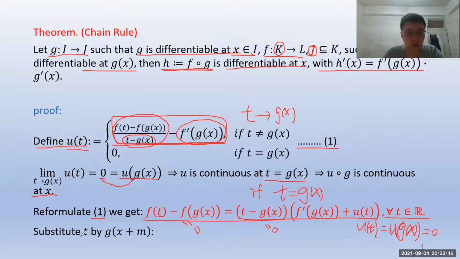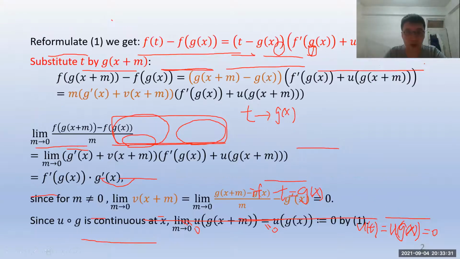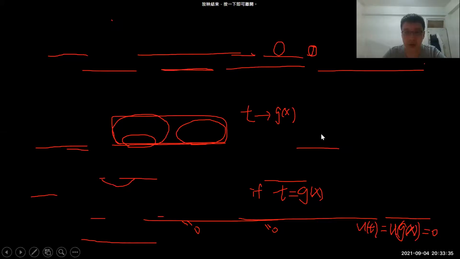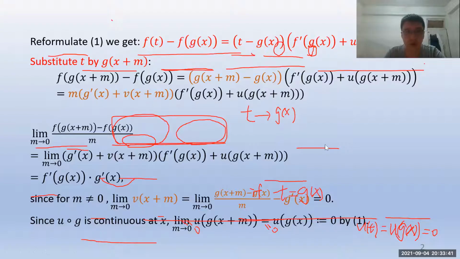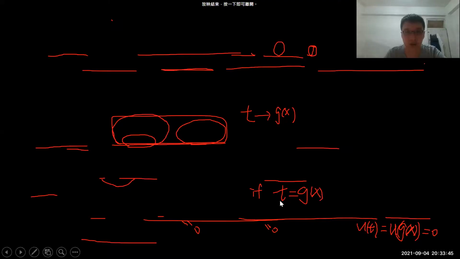Now we substitute t by g(x) plus m. Okay, the next slide. Okay, I think I must clear all the notation.